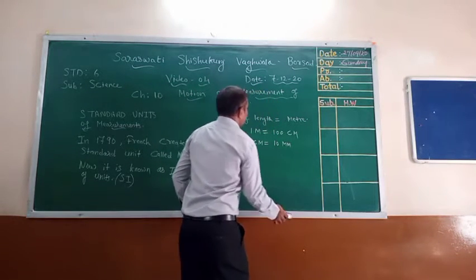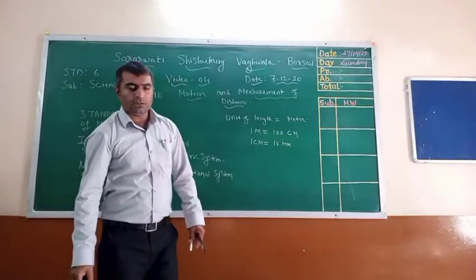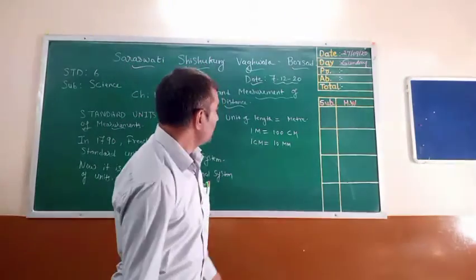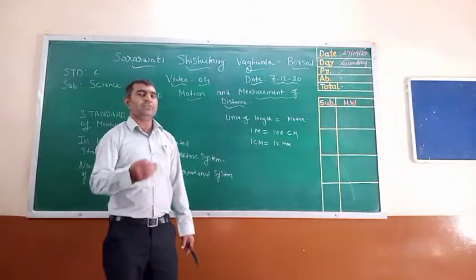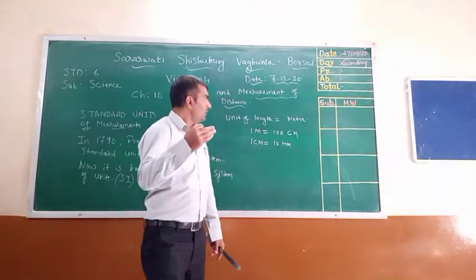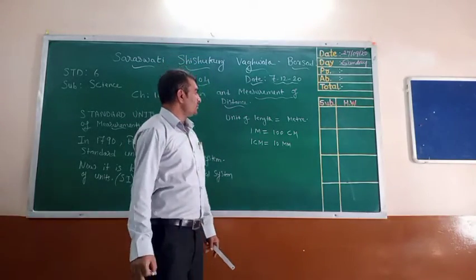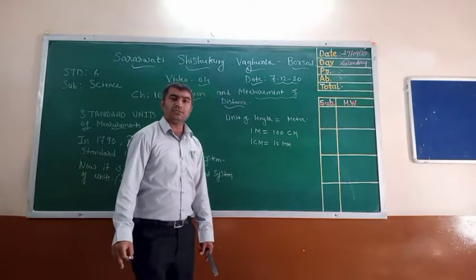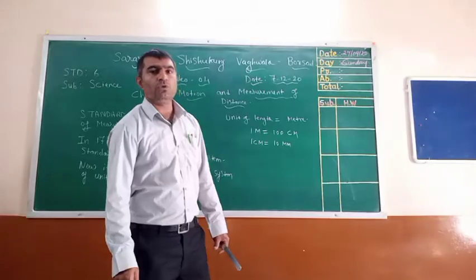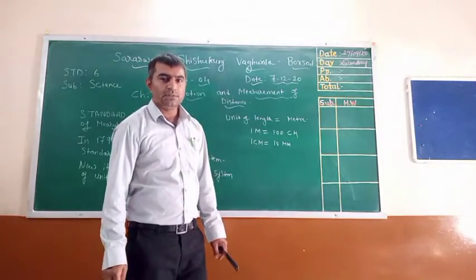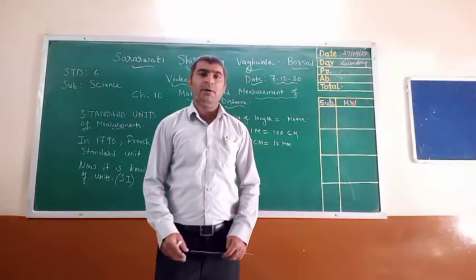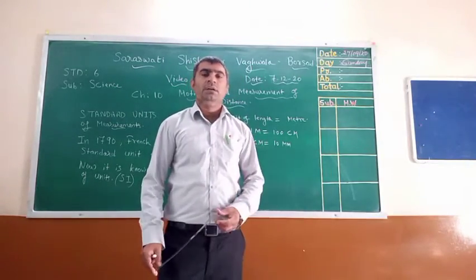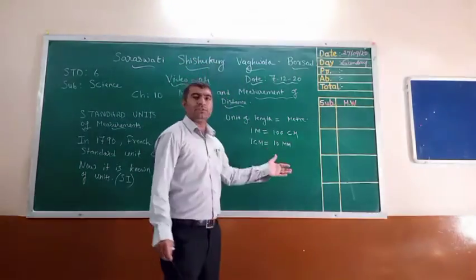Now, the unit of length is meter, and it has subunits called centimeter and millimeter, but we are using a multiple unit also, known as kilometer, if we want to measure long distances. Suppose we want to measure the distance between Ahmedabad and Vadodara, we will not use this unit.